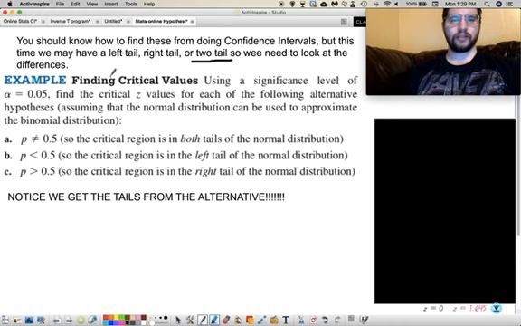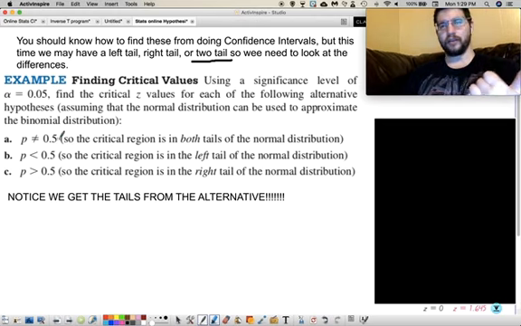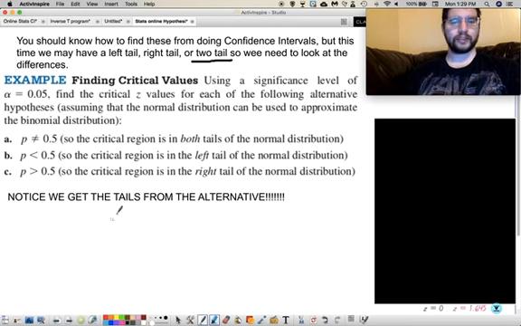Using the significance level of alpha equals 0.05, find the critical z values for each of these alternative hypotheses, assuming all the criteria are met. So p is not equal to 0.05. Not equal to would be the same as either being less than or being greater than. That's a two-tail. Anytime we have a not equal to, that's a two-tail.